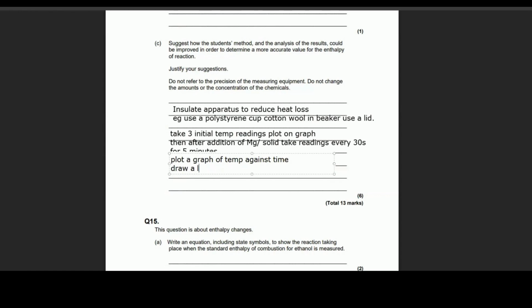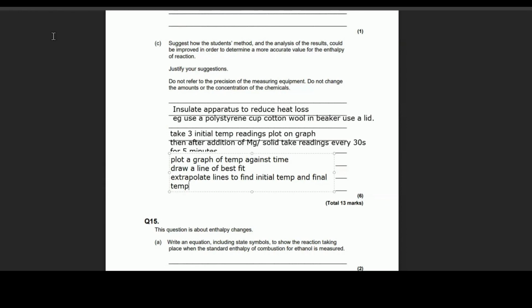Draw a line of best fit, extrapolate lines to find initial temp and final temp. So we extrapolate the lines to find the initial temp and the final temp, or the temperature at the point of addition, and therefore it's going to be a lot more accurate.